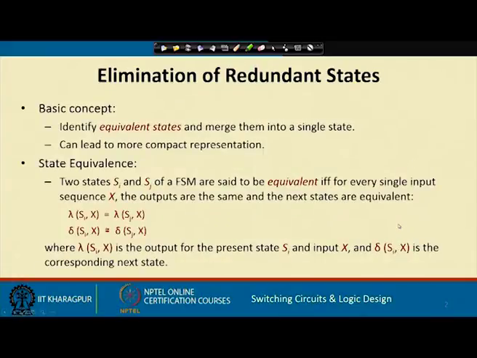Now, let us see the basic idea. One thing let me tell you, the kind of sequential circuits or sequential machines that we are discussing so far, they are the so called synchronous sequential circuits.